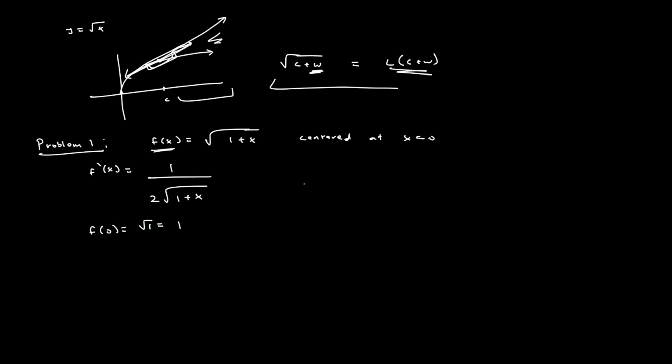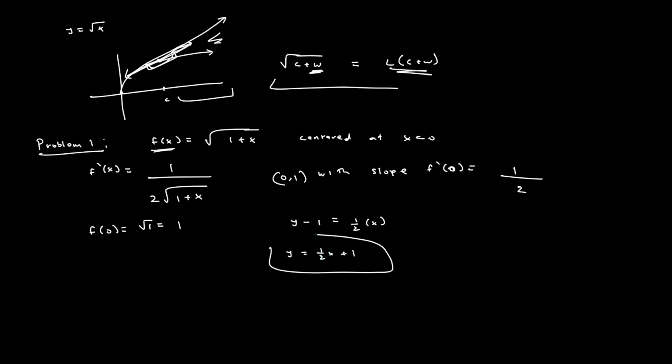And then we can simply find the equation of the line that passes through 0, comma 1 with slope f prime of 0, which is just equal to 1 half. And so y minus 1 is equal to 1 half times x. And so y is equal to 1 half x plus 1. And that's our linearization of the square root of 1 plus x.